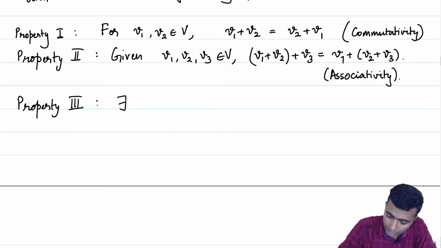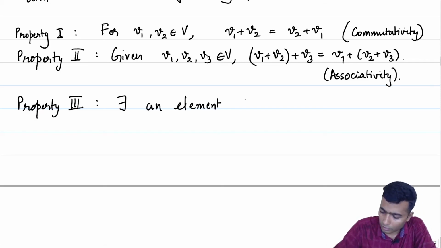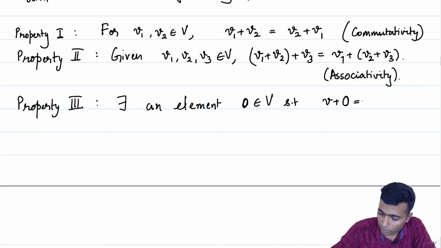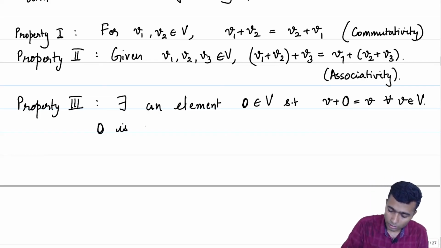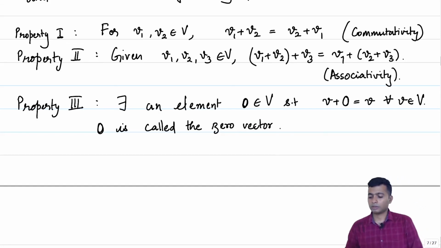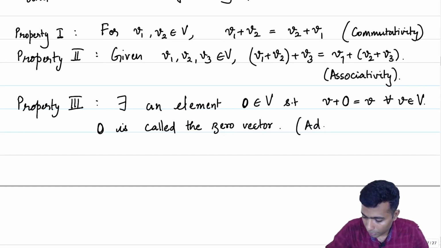So there exists an element 0 in capital V such that V plus 0 is equal to V for all V in capital V. 0 is called the 0 vector. This property is called the existence of additive identity.